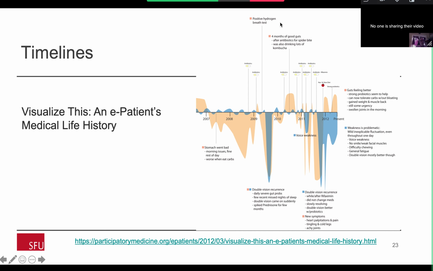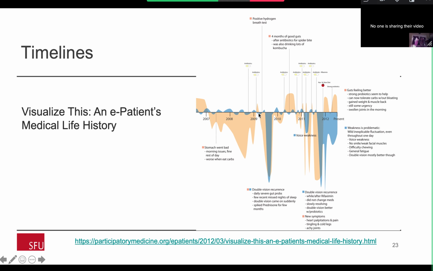So here is a plot of how the digestive system didn't seem to work very well, and there's a couple of interventions here. This one showing antibiotics and another intervention of antibiotics, and that seemed to make the gut problems go away, but then there was another onset plus a more severe type of problem.